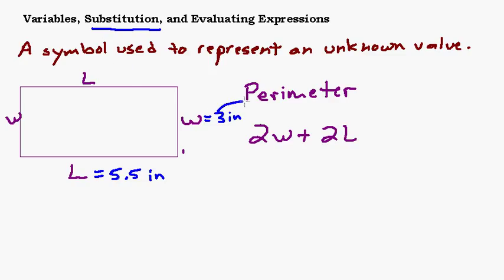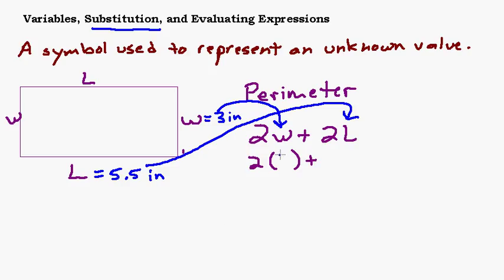We're going to substitute the 3 in for W, and we're going to substitute the 5.5 in for L. So instead of 2 times W, we're going to have 2 times 3, because the value of W is 3. And 2 times L, the value of L is 5.5.